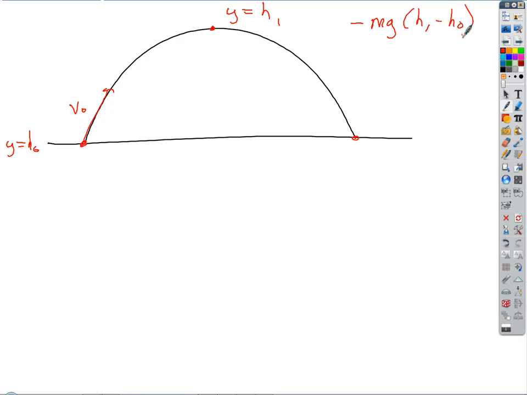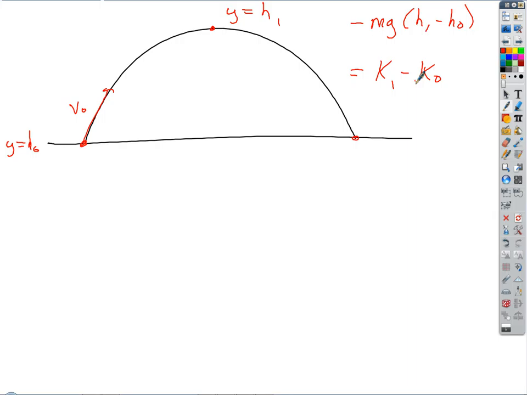And that plus its kinetic energy up here must equal what its kinetic energy was down here, because this is the work done by all forces, and that's equal to K1 minus K naught.